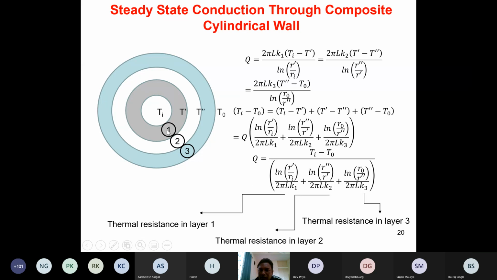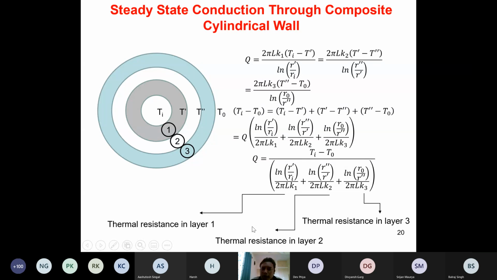So the resistance for the first slab is ln R dash by Ri divided by 2 pi Lk1, plus ln R double dash by R dash divided by 2 pi Lk2, and similarly for the third slab, plus ln R naught by R double dash divided by 2 pi Lk3. So this is the resistance for layer 1, this is the resistance for layer 2, and this last is the resistance for layer 3.